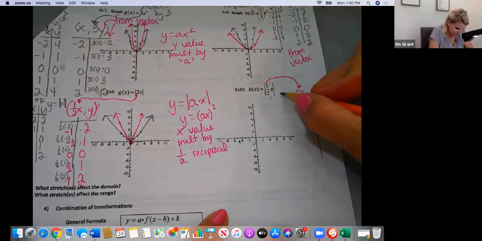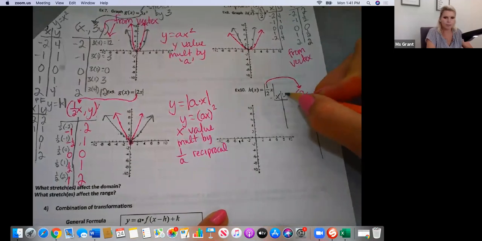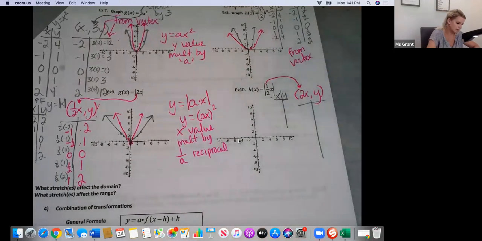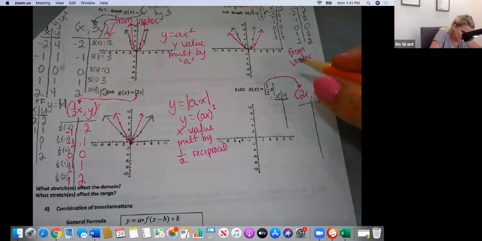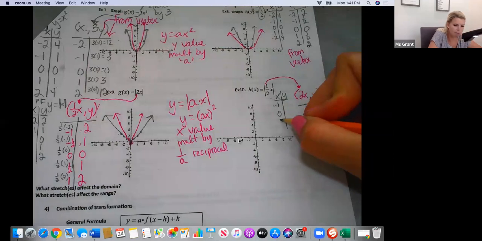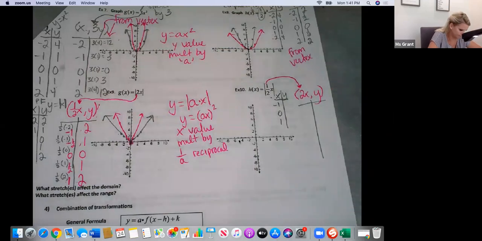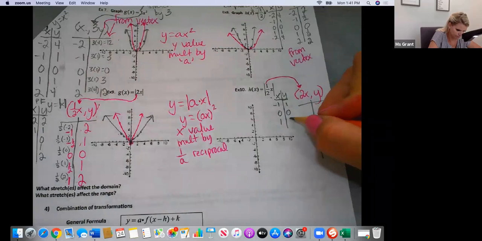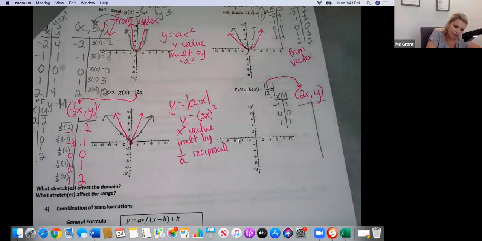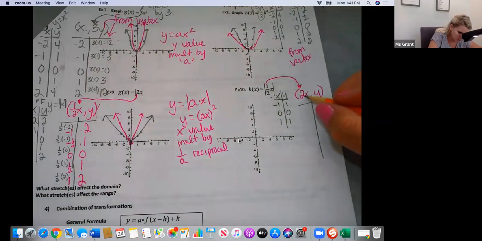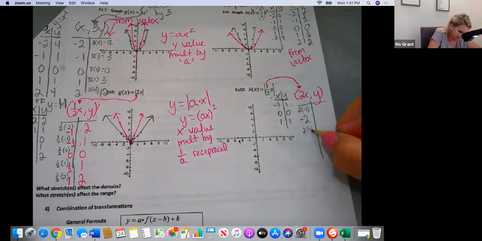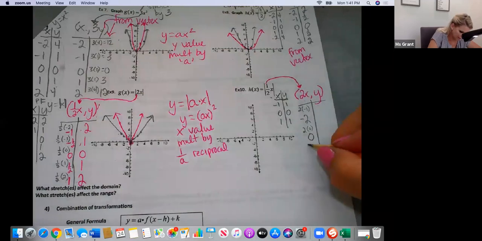Now, due to time, I'm not going to graph this all the way, but what it looks like is, I'll just do 3 points, -1, 0, and 1 for my parent function. Well, if I'm supposed to multiply only the x values by 2, then this is going to become 2 times -1, 2 times 0, 2 times 1.